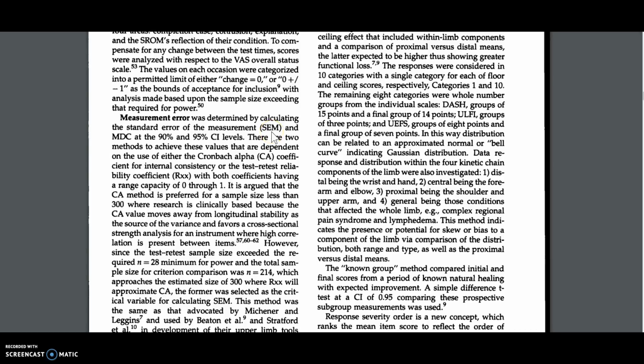Standard error of measurement estimates how repeated measures of a person on the same instrument tend to be distributed around his or her true score. So a true score is always unknown because there's no measure that can be constructed that will actually provide a perfect reflection of what that real true score is.